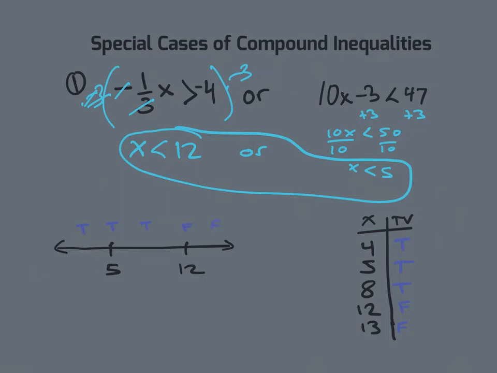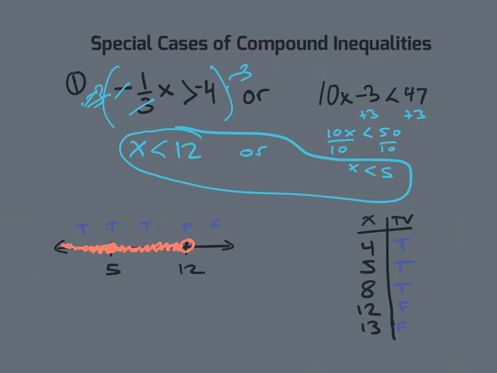Which leads me to a filled-in circle at 5, an open circle at 12, and then I can shade the middle section and the left. So really, I've shaded all the way from 12 all the way left.